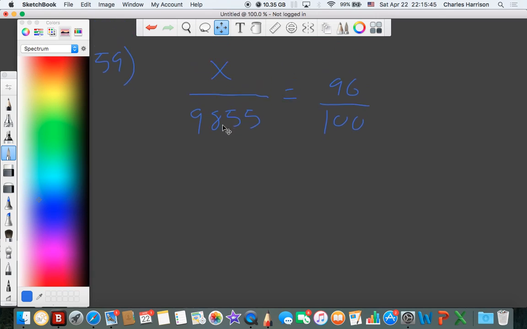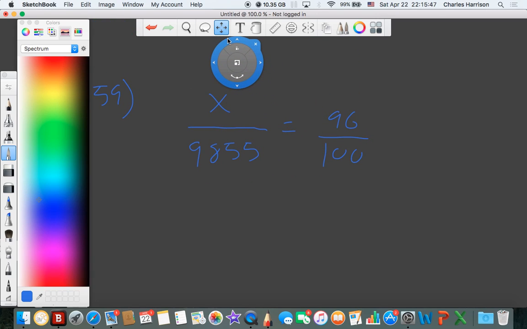Cross multiplication. That's what we need to do. Oh, actually, I'm not going to do cross multiplication. Take it back. Yeah, let's do cross multiplication. So it turns into 100x, and then we're going to take this and multiply by that.